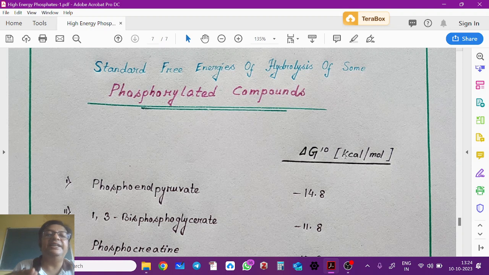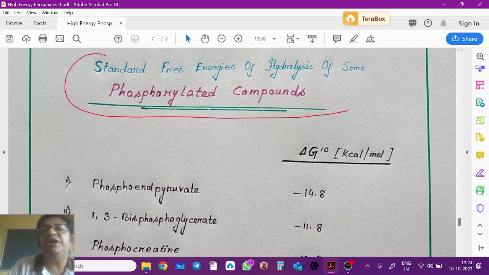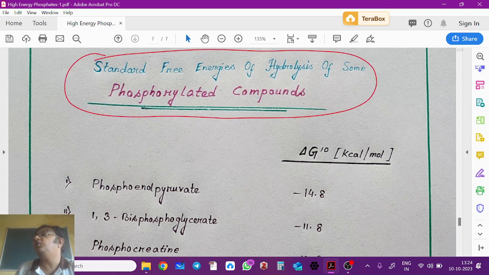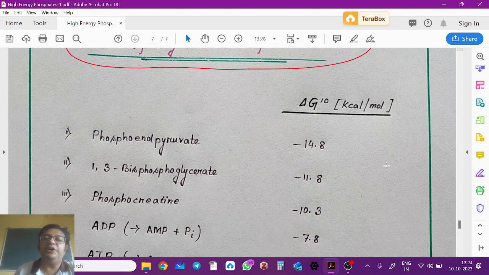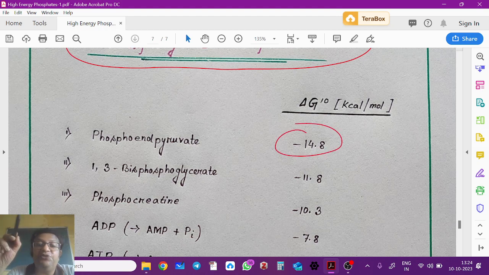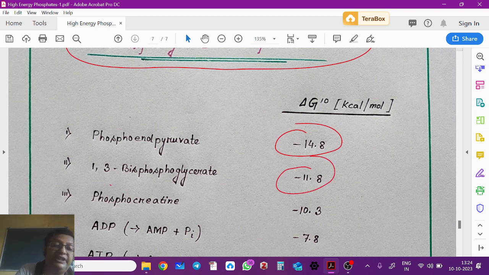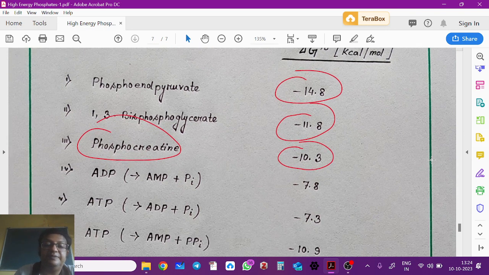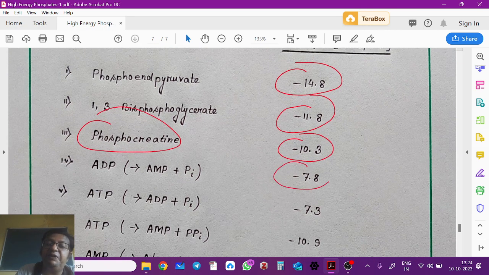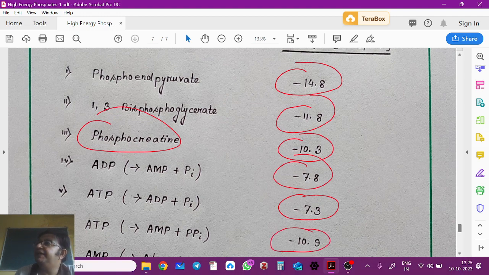Then she has given a list of standard free energies of hydrolysis of some phosphorylated compounds. Phosphoenol pyruvate, this is kilocalories, not kilojoules. Minus 14, 11.8, 1,3 bisphosphoglycerate, phosphocreatinine, minus 10.3, ADP, minus 7.8, ATP hydrolysis, minus 7.3, ATP to AMP and PPi, minus 10.9.